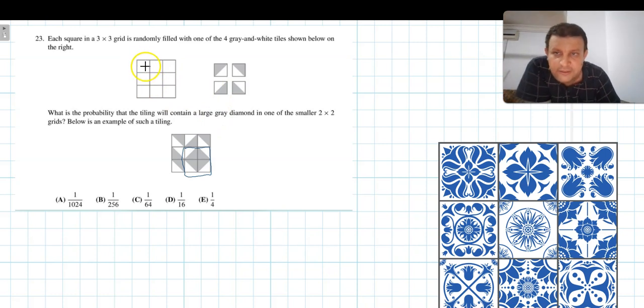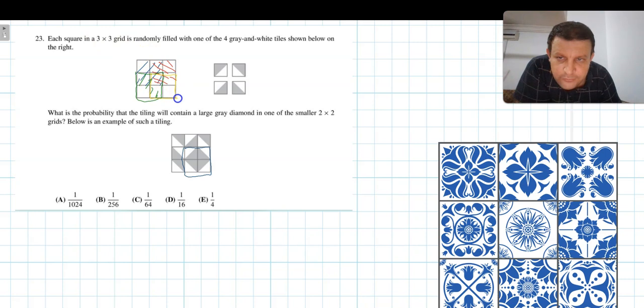We are going to create this diamond shape either here using these 4, or we are going to use these 4, or these 4, or the last option is these 4.